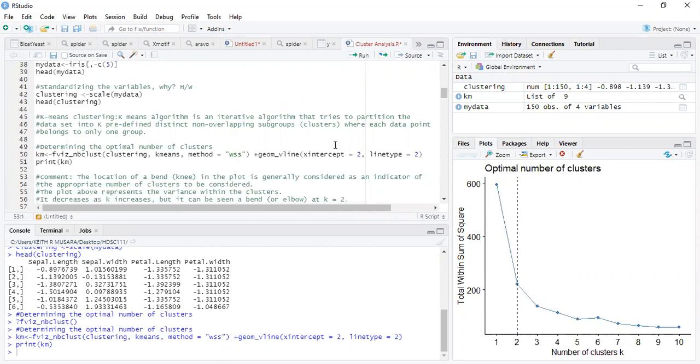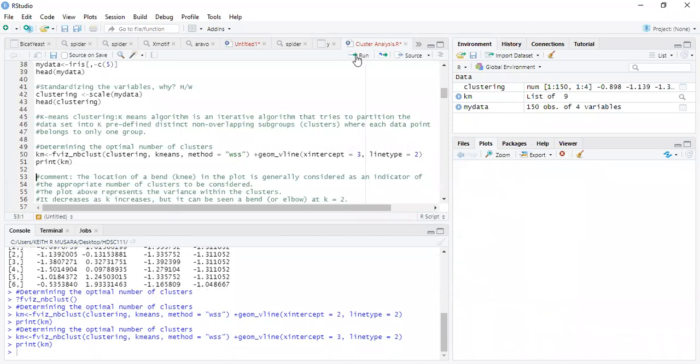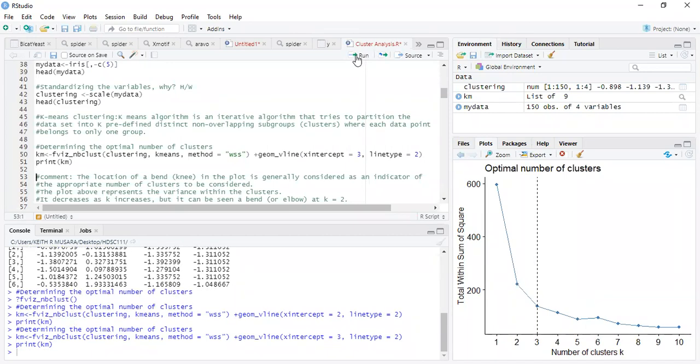If you decide that your optimal number of clusters is k equals 3, you need to argue based on the variation between the previous and the following cluster. So I think 3 can be suggested as the number of clusters.